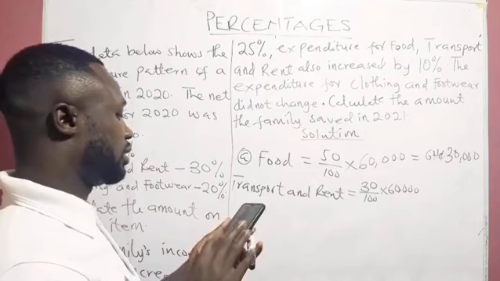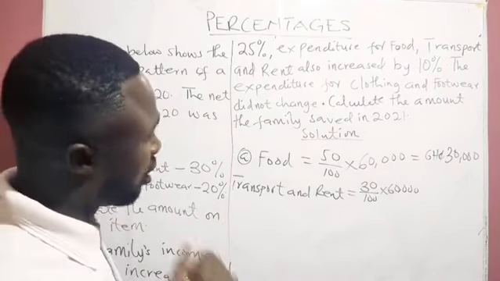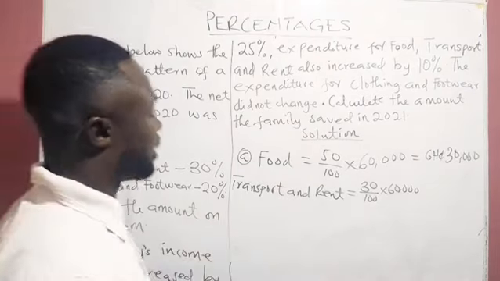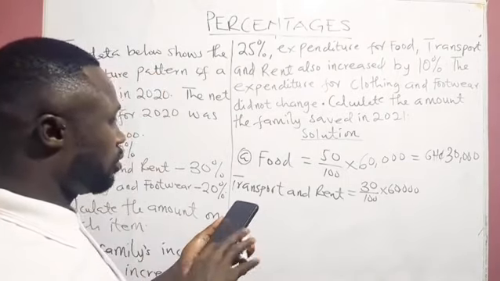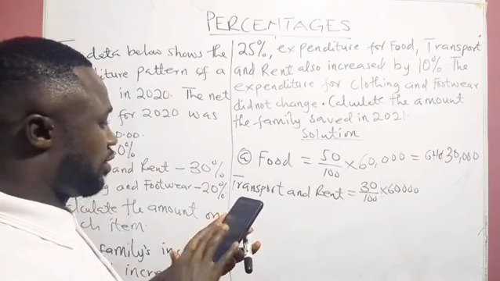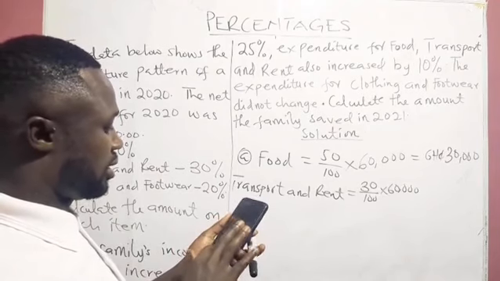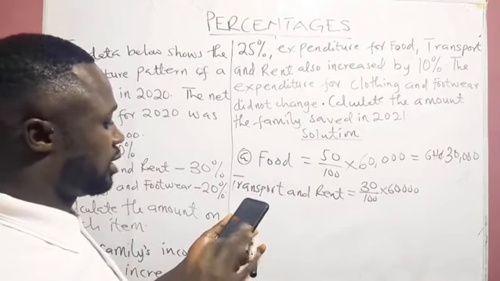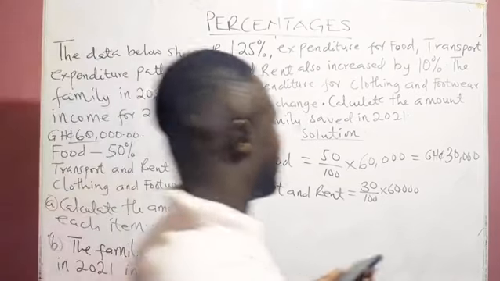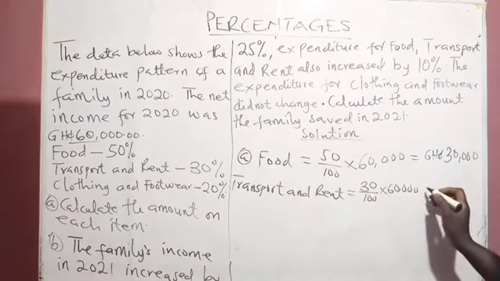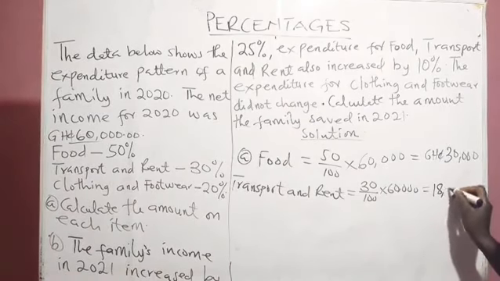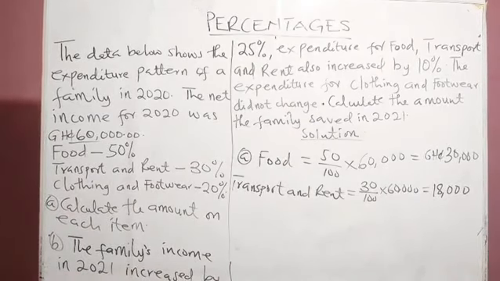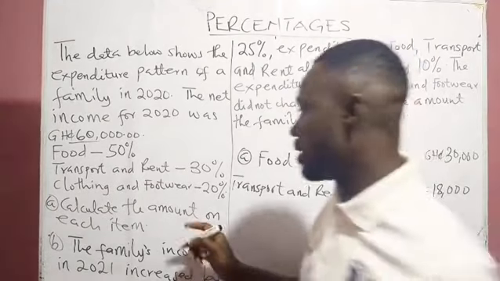So the 60,000 is 100%, and the food is just 50%. Now 30 over 100 times 60,000 will give us 18,000. So the expenditure on transport and rent is 18,000.